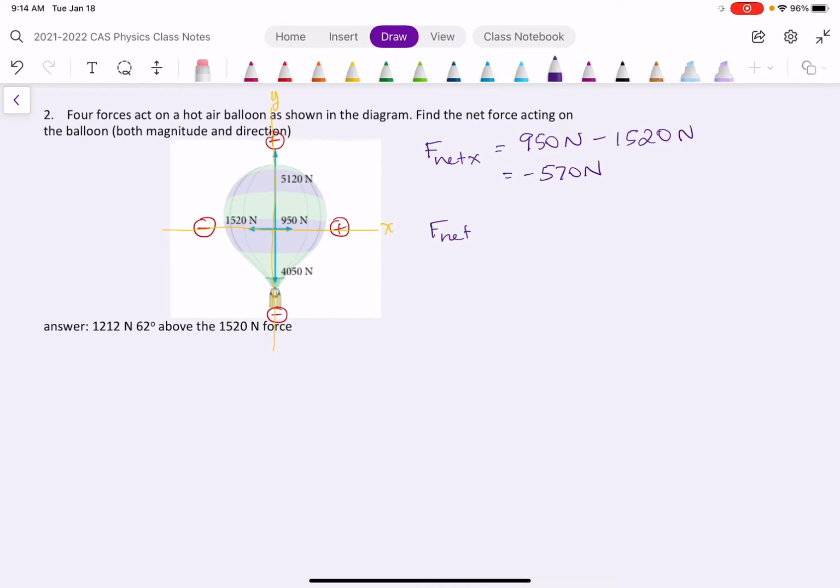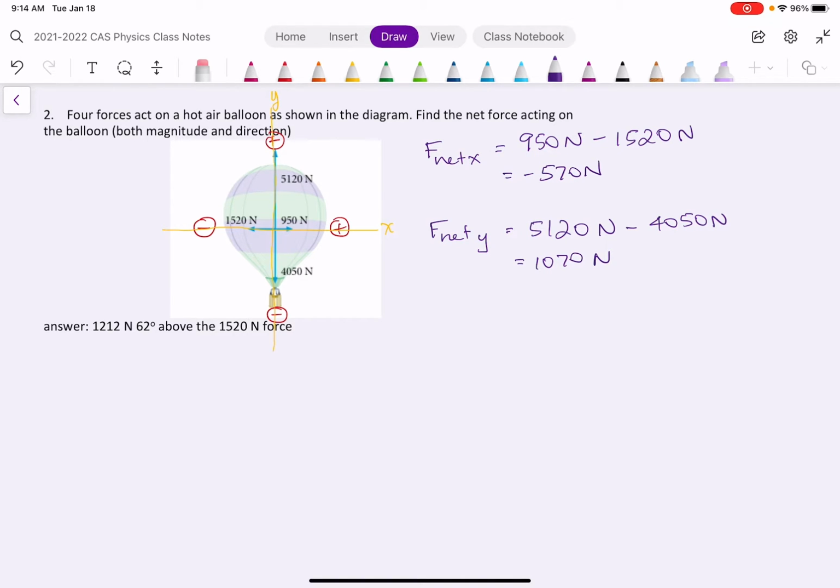F net along the y is equal to, let's see, 5120 newtons minus 4050 newtons. And doing that math, we get 1070 newtons. So what we found is the x and the y component of the net force.